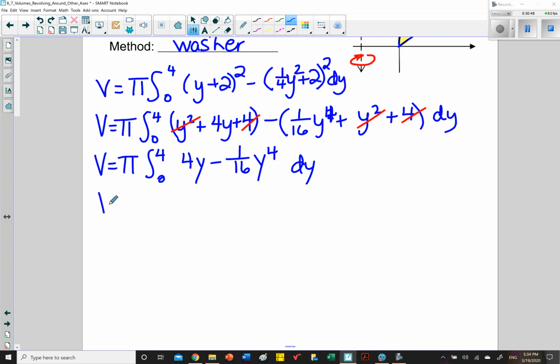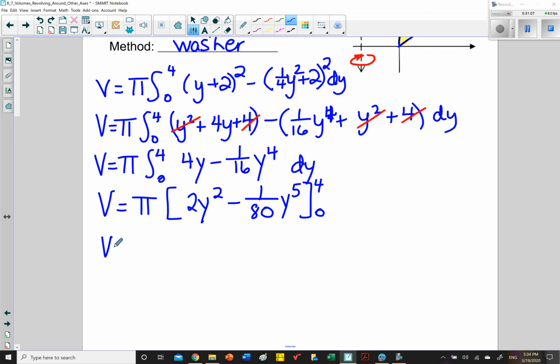So the antiderivative is going to be 2y squared minus, let's see, 16 times 5, that's 80, 1/80 y to the 5th from 0 to 4. Our volume is pi, let's see, 4 times 2, 16, that's 32.